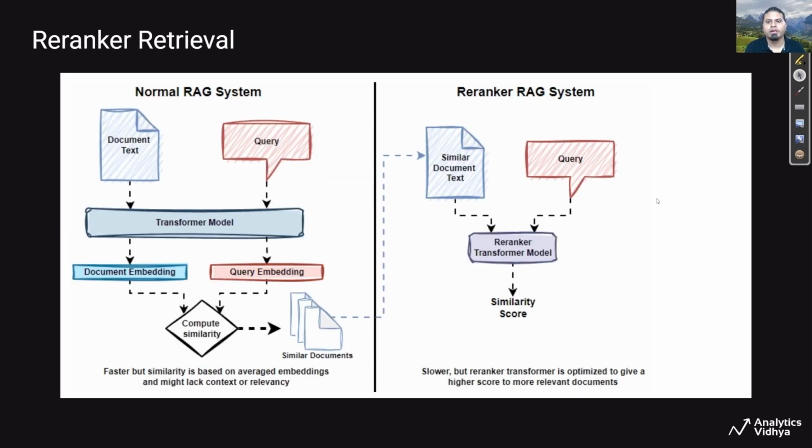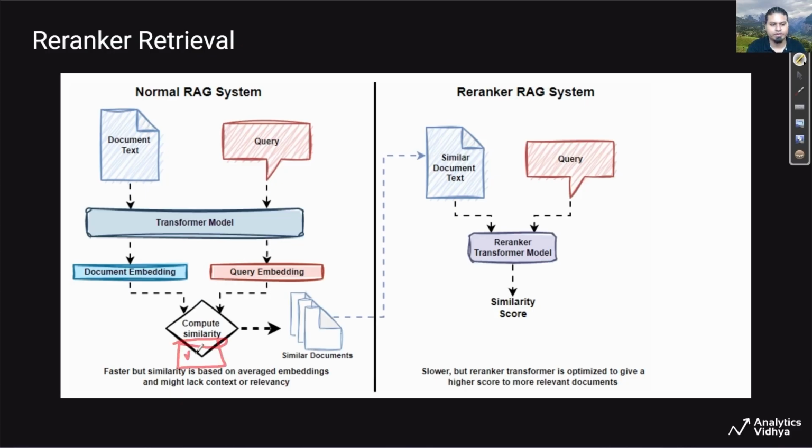What about a re-ranker retrieval? So a re-ranker retrieval is a two-step process where typically the first step is you have a bunch of your documents and you have already converted them into document embeddings, and your question comes in, you have a question embedding, and you typically query your vector database to find the most similar documents based on, let's say, cosine similarity.